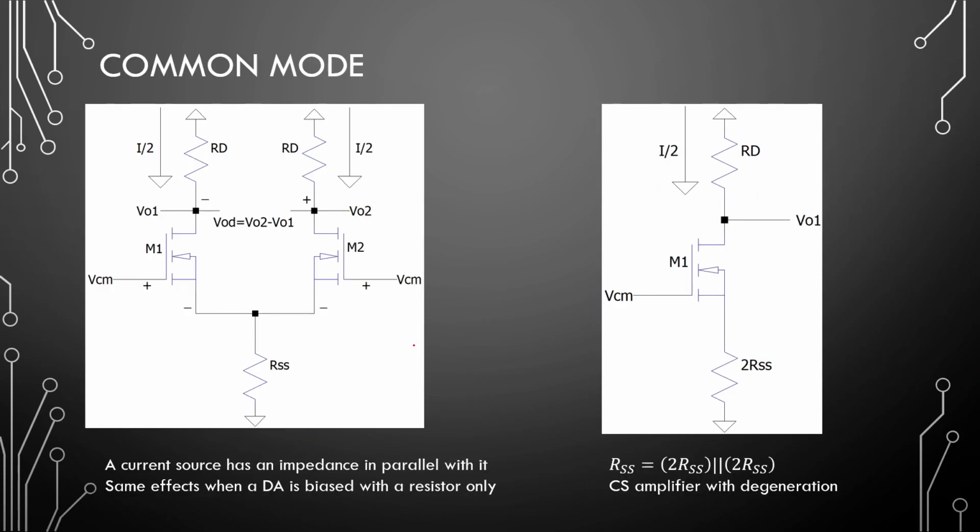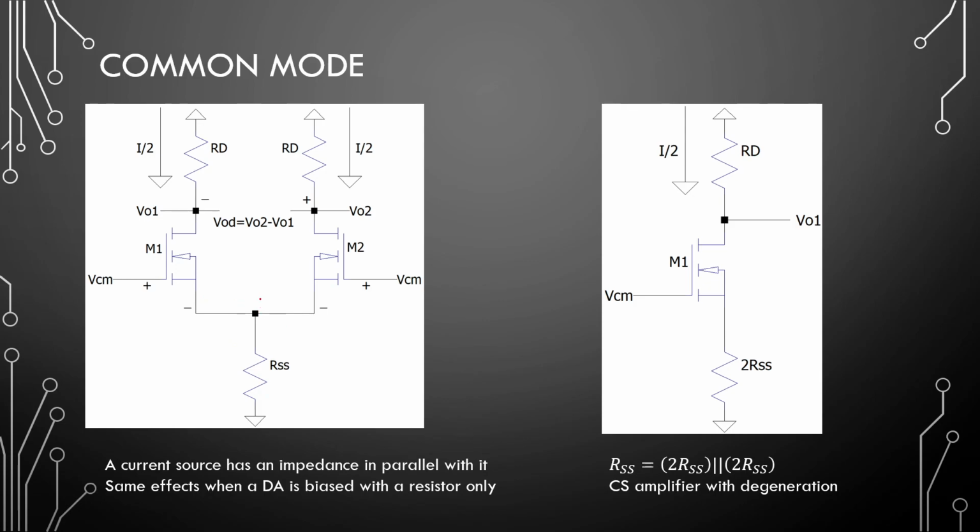This brings us to our common mode signal, or our common mode for our amplifier. Now, if we drive the inputs equivalently and our current source goes to infinite and we have a resistor in parallel with our current source, RSS will be sitting down here between the two amplifiers.